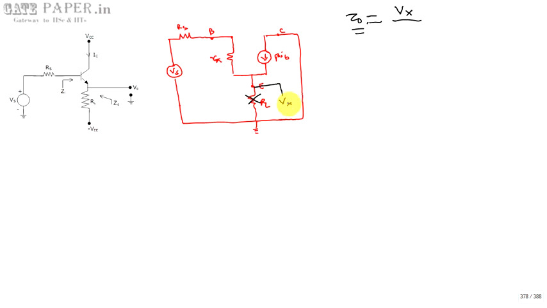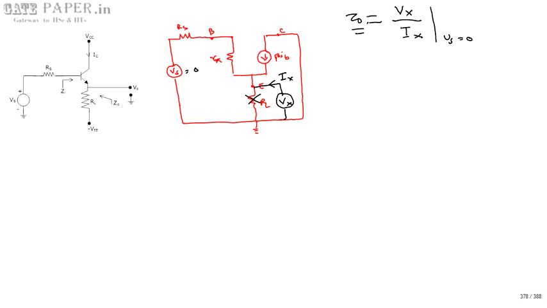Because of this Vx you will get some current flow Ix. So the ratio of Vx by Ix, when no other voltage source is present, so Vs will be treated as 0, is the way of calculating output impedance.